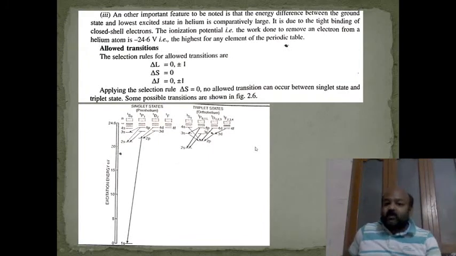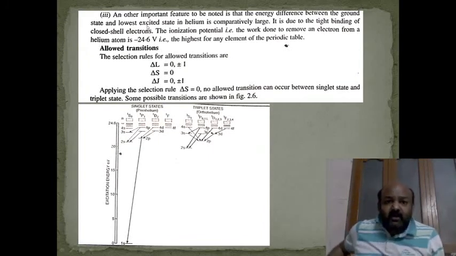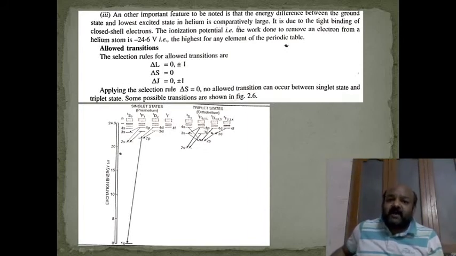So next we come to another important feature: the energy difference between the ground state and the lowest excited state in helium is comparatively large. The ground state is 1s, the lowest excited state is 2s, and this gap is comparatively very large. Why?